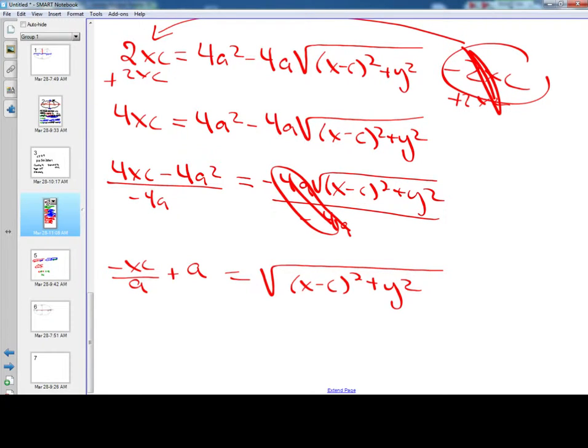Would you guys prefer to leave it as one fraction instead of two? Yeah. So that would become xc minus a plus a over a, and this would have to be a negative xc.